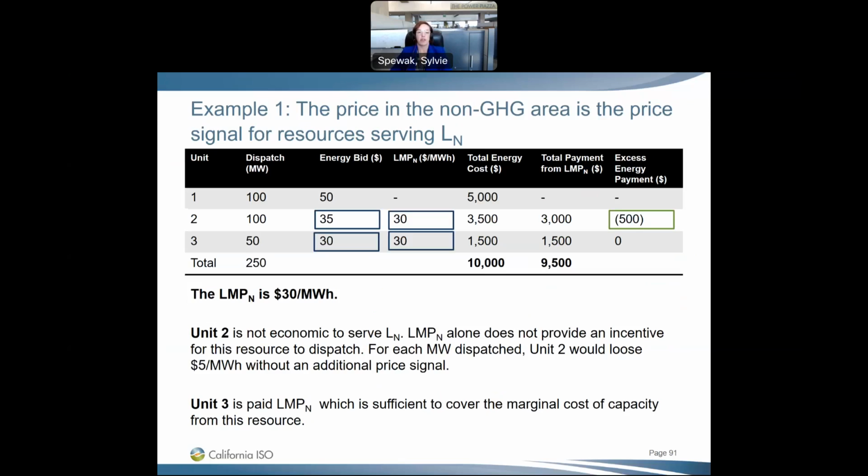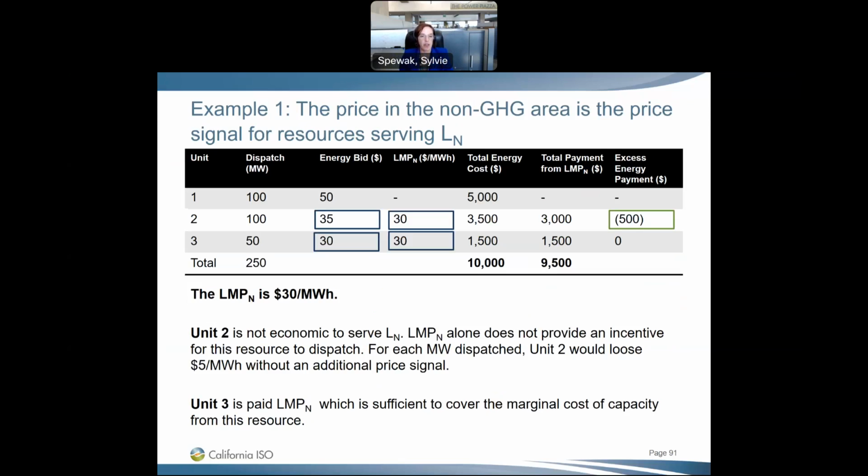Both of these resources are going to respond to LMPN, which is $30 per megawatt hour, and they'll receive a total energy payment from LMPN of 30 times their dispatched quantity.